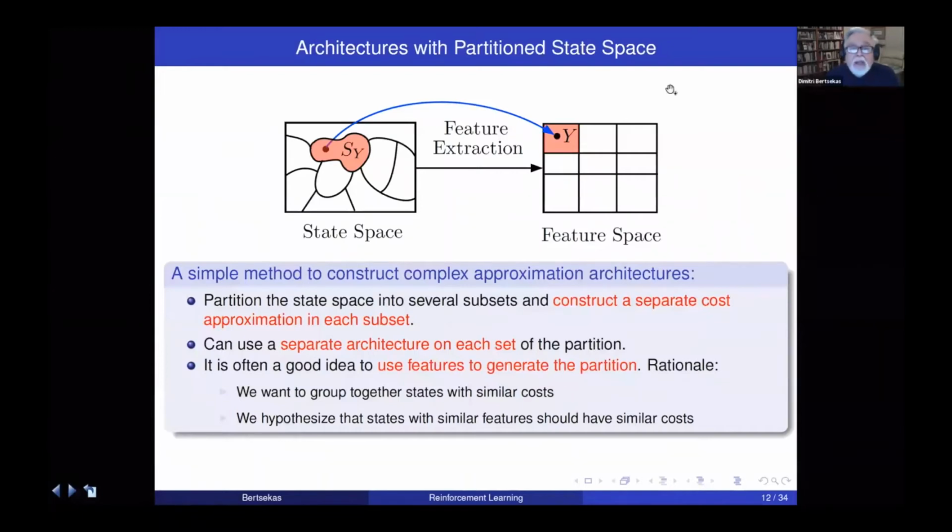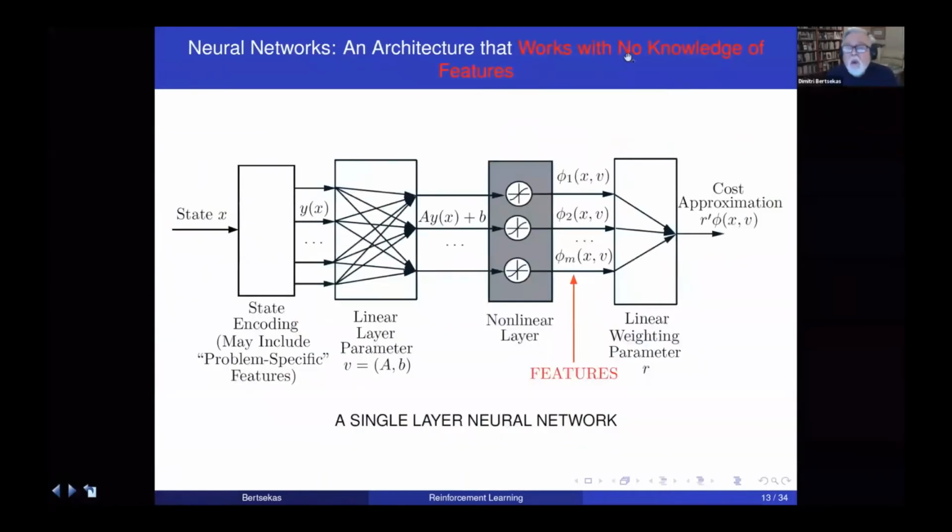Okay. So now what we have is no knowledge of features, or very little knowledge of features. That's where neural networks come into play. They allow us to bypass the need for handmade, user-provided features.